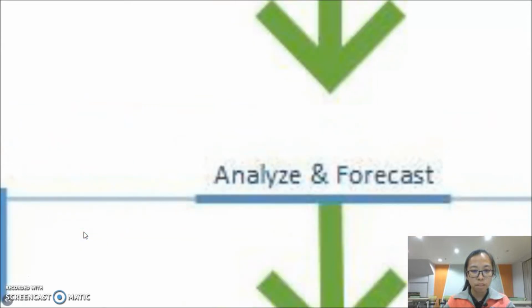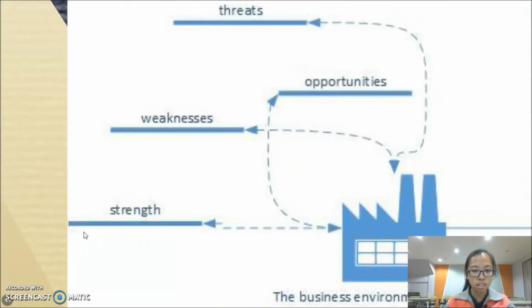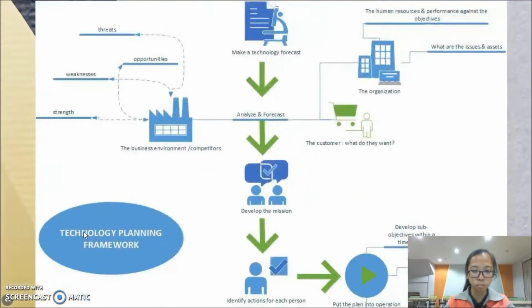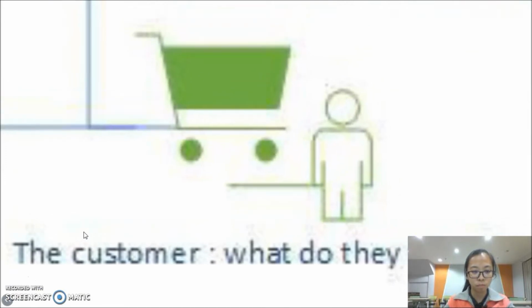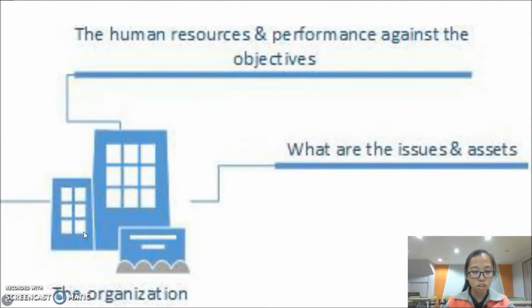The company needs to analyze the strengths, weaknesses, opportunities, and trends. For the customer, they need to know what the customer wants. Then the organization also needs to know about organization issues and assets, cost, and manpower.